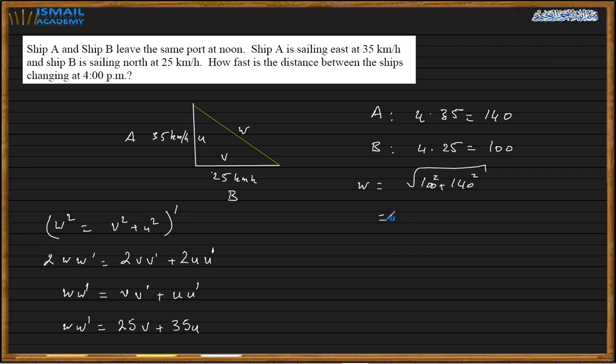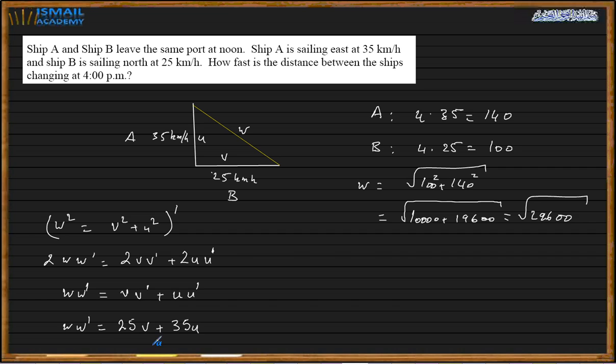It's a big number here: 100 squared is 10,000, and 140 squared is 19,600, so it's the square root of 29,600.